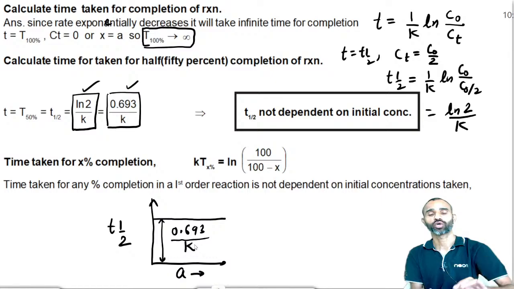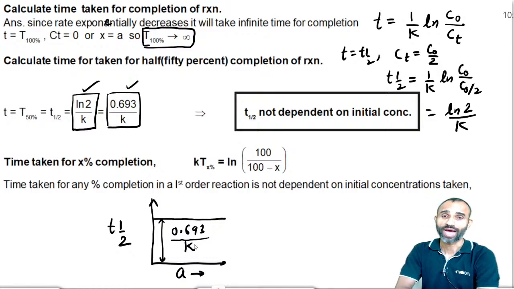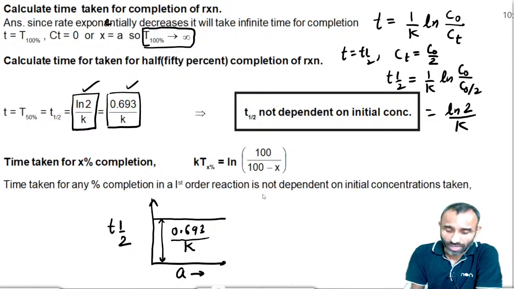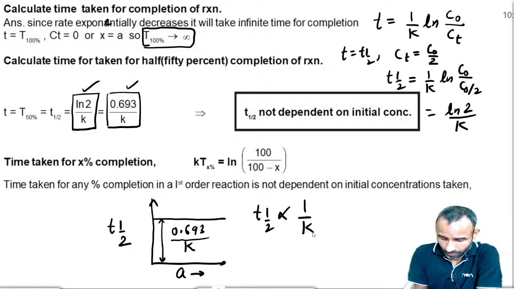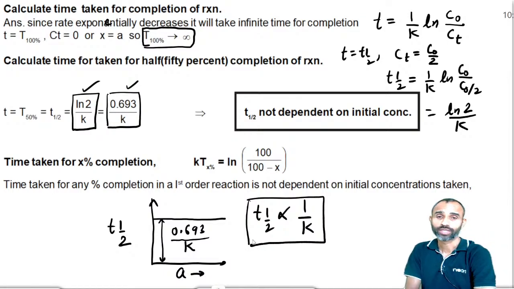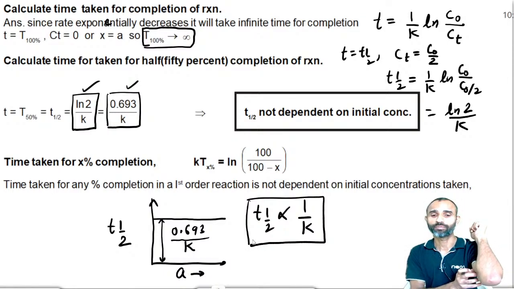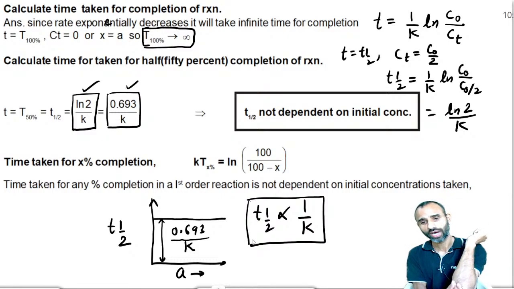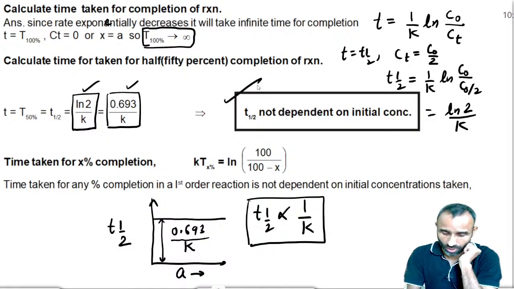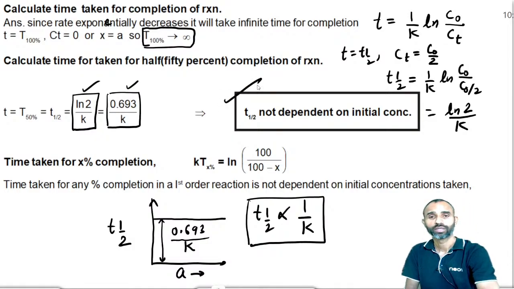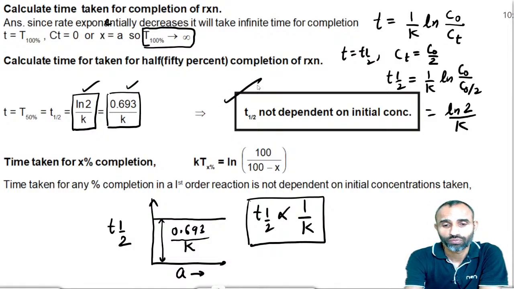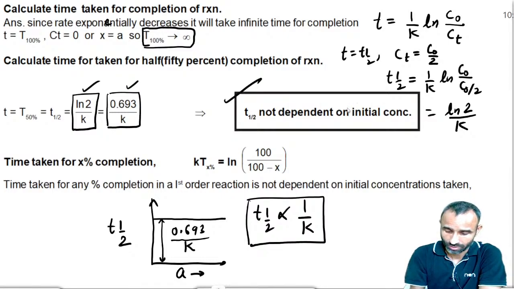It depends on k only. As k increases, half-life decreases. k increases by increasing temperature. When temperature increases, half-life decreases. Half-life is independent of initial concentration.